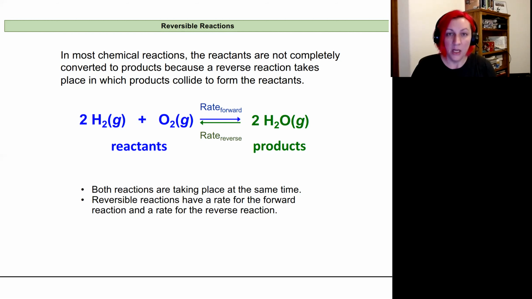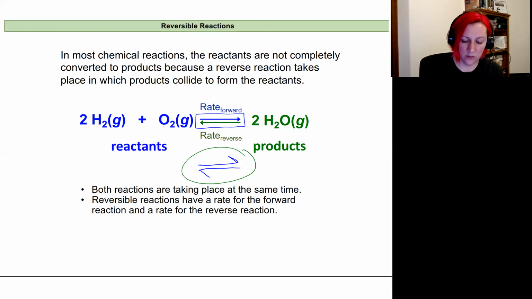So we've been talking about reactants going to products with one arrow. And here I'm showing two arrows, one going the forward direction, one going the reverse. A way to also write this is with two half arrows like this. And so this is the symbol that we use when we want to say the reaction is reversible.